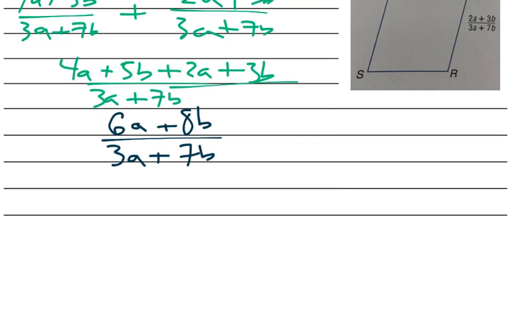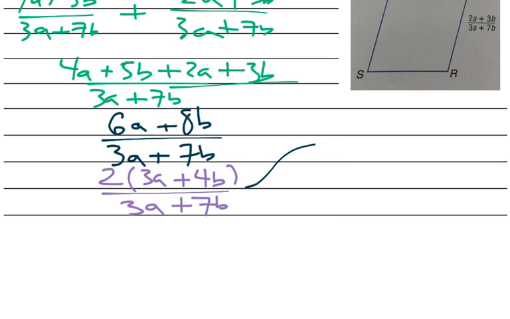From the numerator, I can factor out a 2, leaving me with 3a plus 4b over 3a plus 7b. Now looking at this, nothing's going to cancel out. You cannot do this. They just happen to coincide. But as a final step, don't forget to somehow note that you're doubling this.